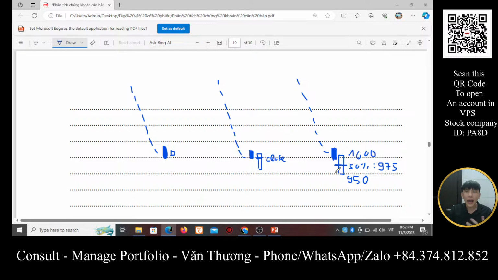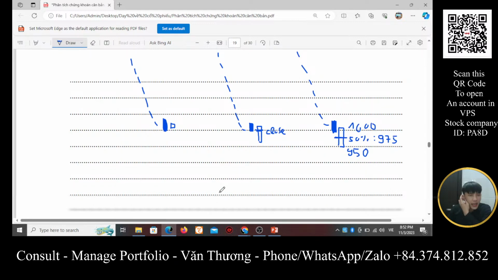So I already shared with you three ways to detect the first day of recovery. And the follow through day: in order to identify the follow through day, you have to identify the first day of recovery.